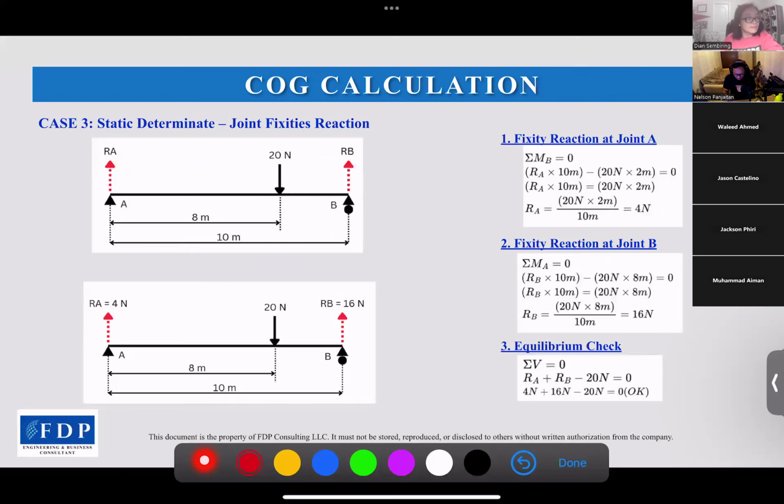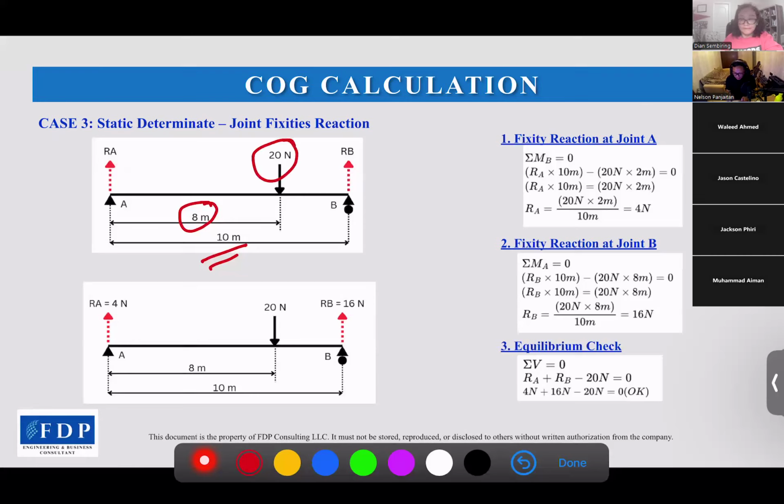And then for case 3, same situation, but the 20 Newton moves 3 meters from case 1. Case 1 is at the center, exactly 5 meters from A, 5 meters from B. Then case 3 is moved 3 meters toward B, so it will be 8 meters from A, and the total length is 10 meters. The force acting is still the same, 20 Newton.